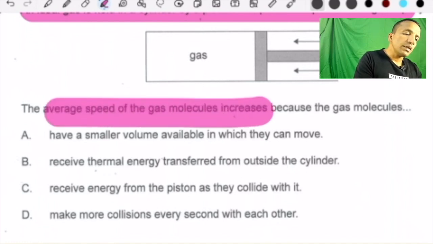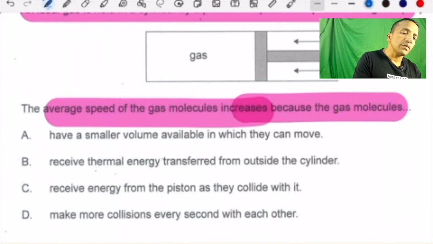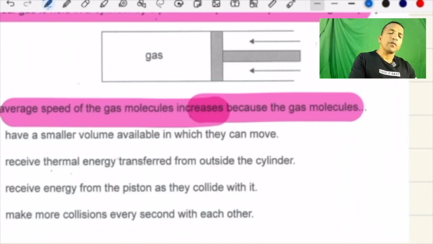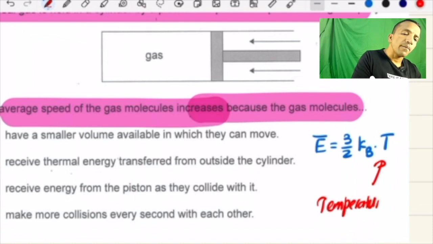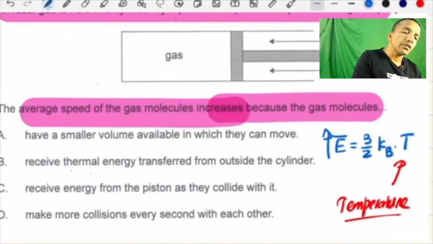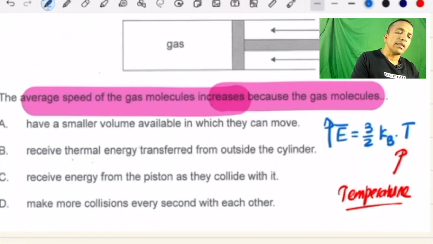The average speed of gas molecules increases because the gas molecules... Now, one thing to understand is that the average kinetic energy of a gas molecule is 3/2 Boltzmann constant times temperature, right? This is about temperature. So unless you change the temperature, there's no way to increase the speed of molecules. That's very important to understand.